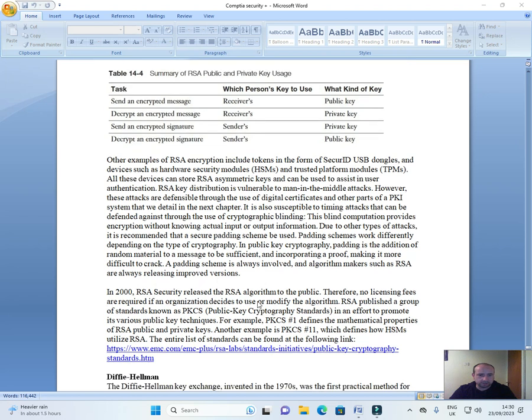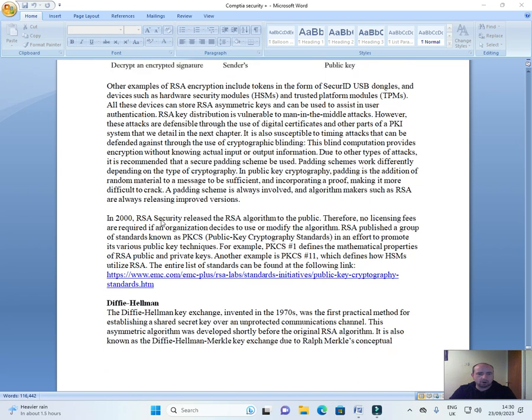releasing improved versions. In 2000, RSA Security released the RSA algorithm to the public. Therefore, no licensing fees are required if an organization decides to use or modify the algorithm. RSA published a group of standards known as PKCS, Public Key Cryptography Standards, in an effort to promote its various public key techniques.